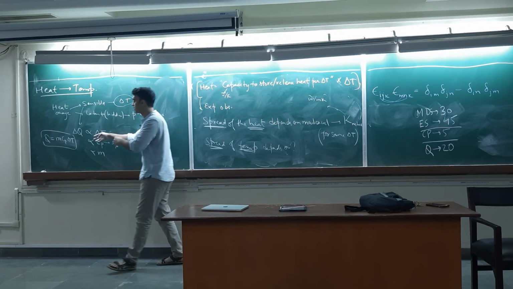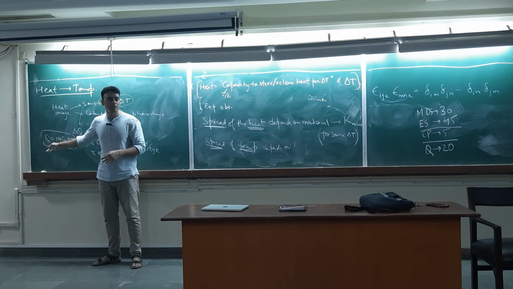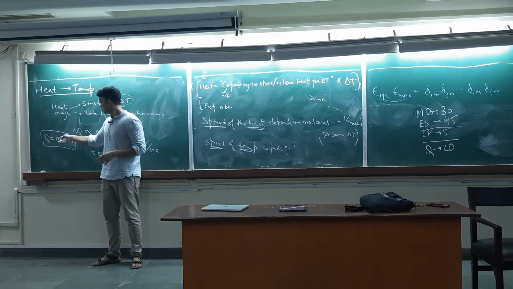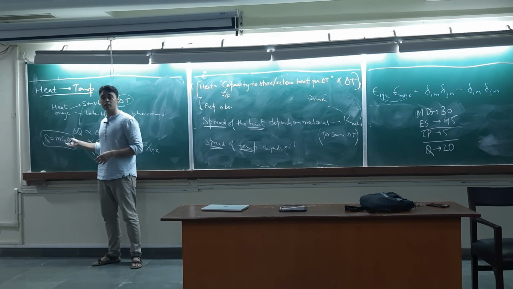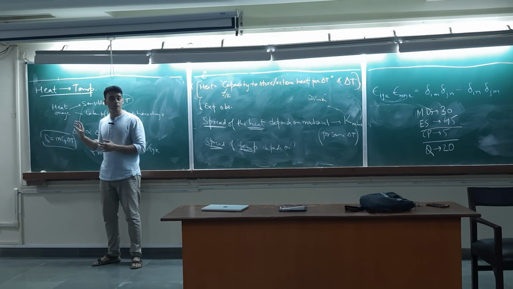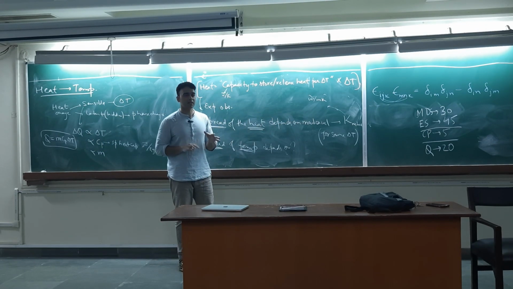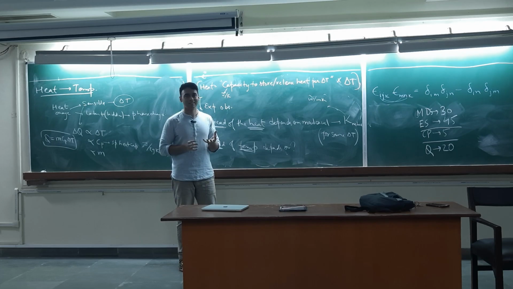Okay, let's go back here. Q was the heat content, or if you change the heat, delta Q, if you divided it by mCp, it gave you change in temperature. So the spread of heat must be divided by something. Yes or no?